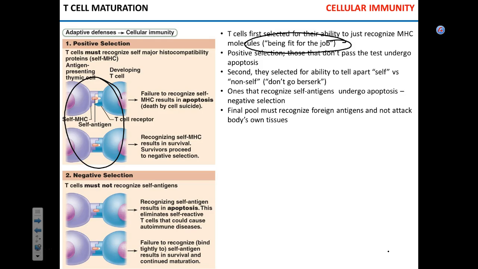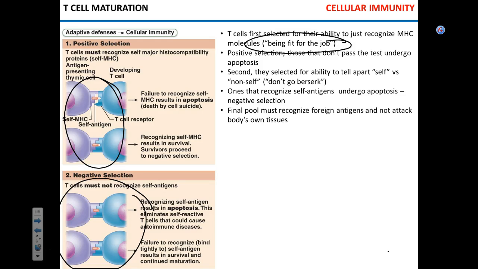Okay, being fit for the job. Now, another thing, second step, is to make sure that T cells do not attack your own tissues. So only those that are not self-reactive survive. So that is negative selection, same as with B cells. I call it cells do not go berserk.